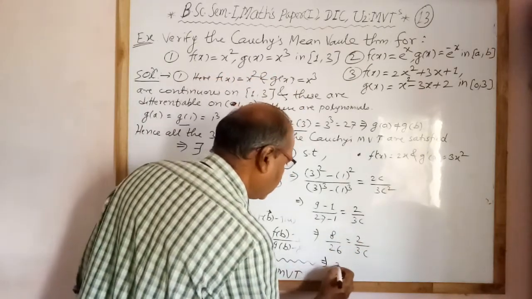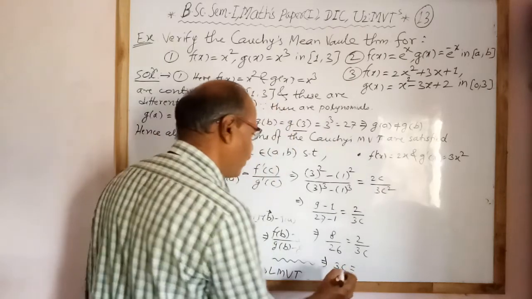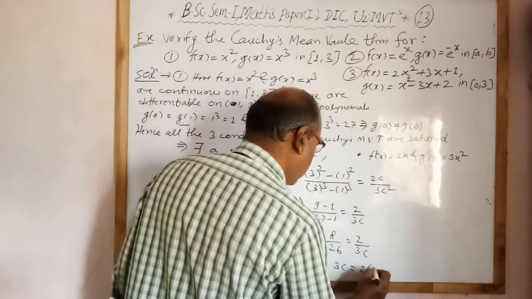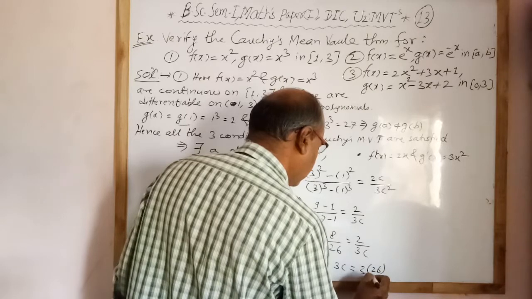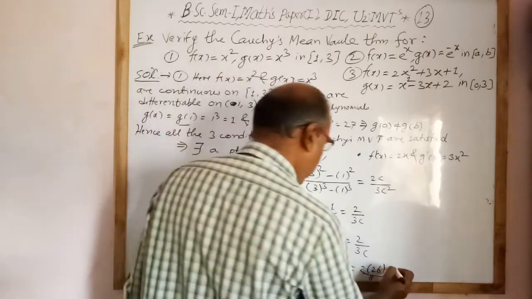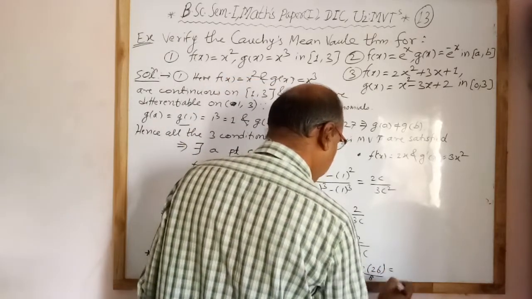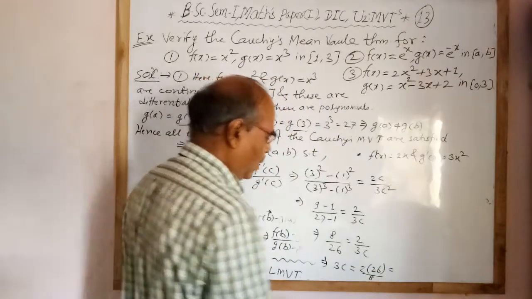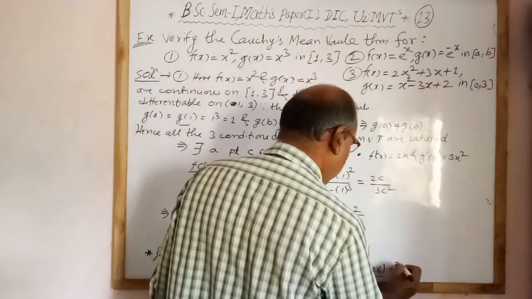Therefore, by cross multiplying, 3c equals 2 into 26 divided by 8. Therefore, we will get 2 4s are 8, 26 by 4.